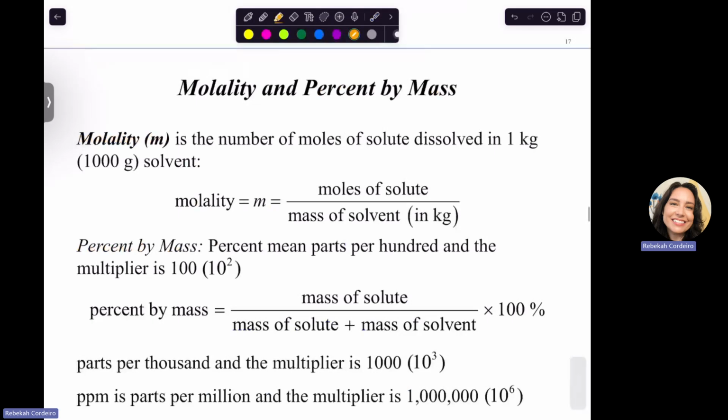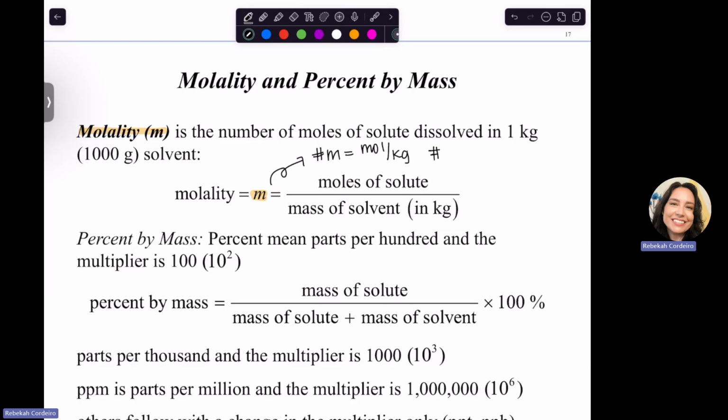Next, we have molality. Here's that lowercase m I was talking to you about. It's moles of solute over kilograms of solvent. We can use this as a conversion factor. We can say the number of molality, and we can write it as moles over kilogram, which means we can say the number of moles of the solute is equal to 1 kilogram of solvent.